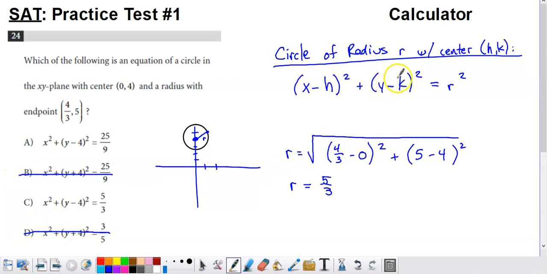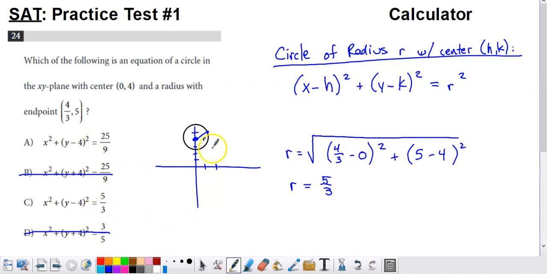We have to have this value change the sign from what's indicated right here with the y in order to determine the y coordinate of the center. So with option A and option C, we do have -4 in there with the y in both of those options.